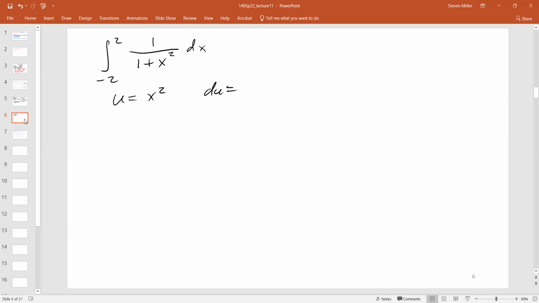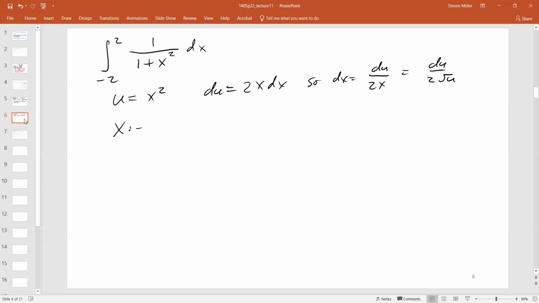So what would du be? I want to do that example. Let's take u to be x squared. What would du be? 2x dx. So dx would be du over 2x, or du over 2 square roots of u.